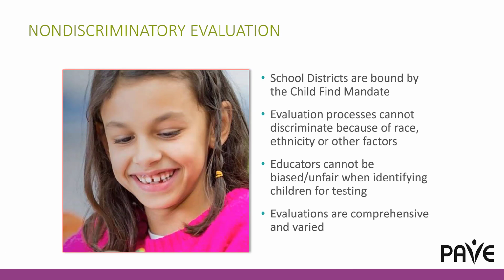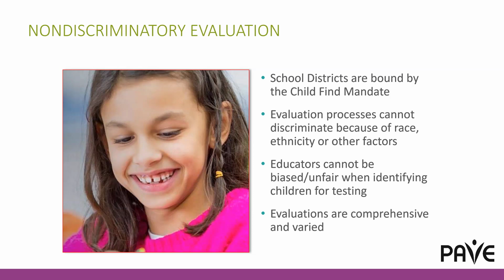It protects children who are suspected of having a disability that may significantly impact access to school, including children who may be receiving passing grades and advancing from grade to grade. The IDEA requires that an evaluation be fair and non-discriminatory. That means that if a student is nonverbal, he's tested using nonverbal techniques.